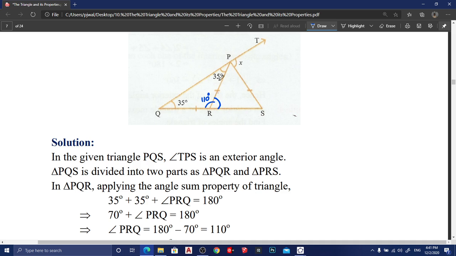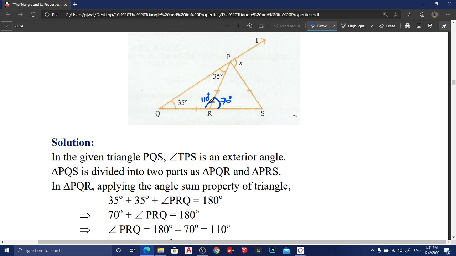So what is the relation between the exterior angle and the two opposite interior angles? The two opposite interior angles are 35 and 35, meaning 35 plus 35, 70 degrees, is the value of this exterior angle. The sum of the two opposite interior angles is equal to the exterior angle, 70 degrees. Like that you can find this angle directly.